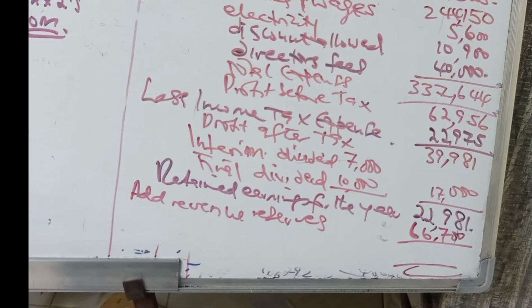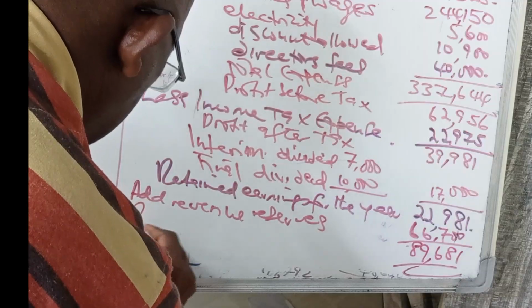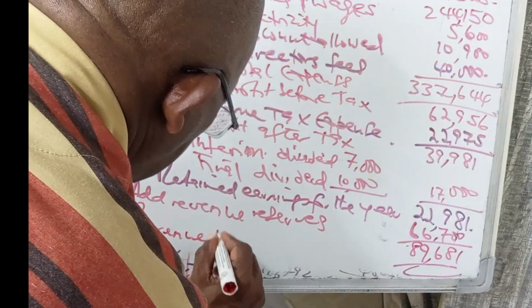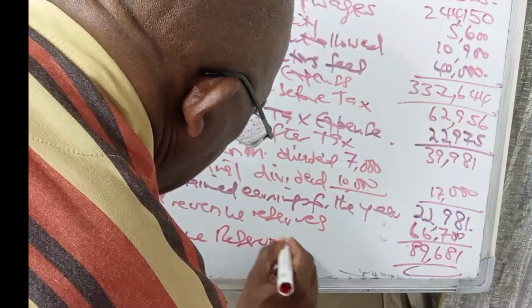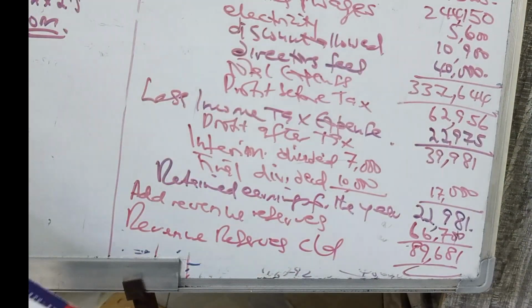That gives you the closing balance of 89,681. That is the closing balance, the revenue reserves. You can call it revenue reserves or retained earnings carried down. So that's the figure that we take to the balance sheet.